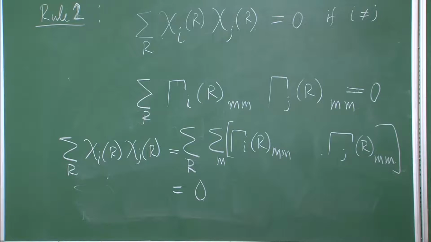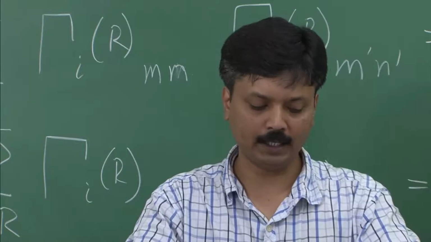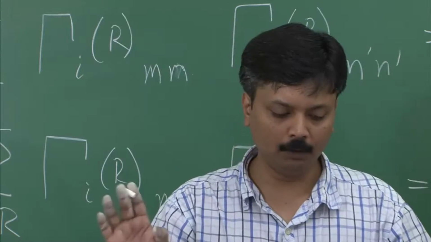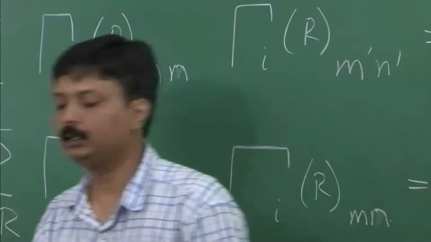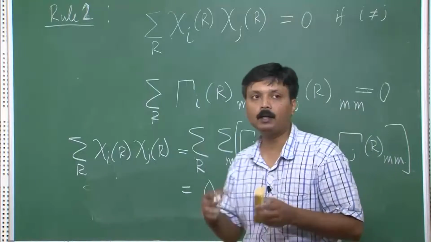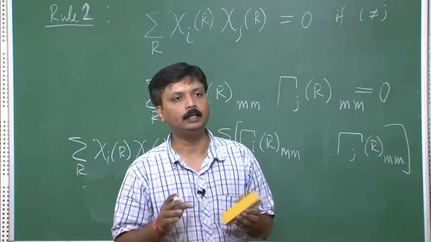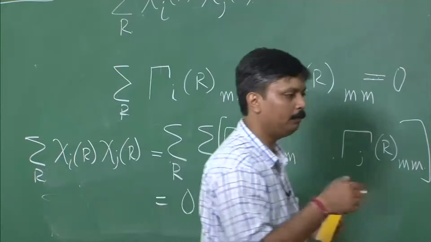So that is rule 3, and rule 4 says that in a given representation, be it reducible or irreducible, the characters belonging to the matrices which form a class are identical, which we have already seen in one of the previous classes.